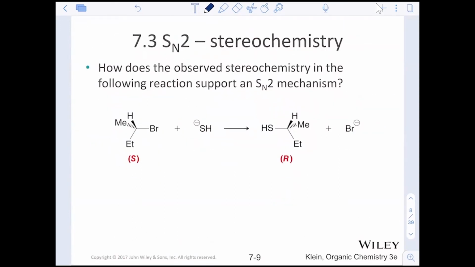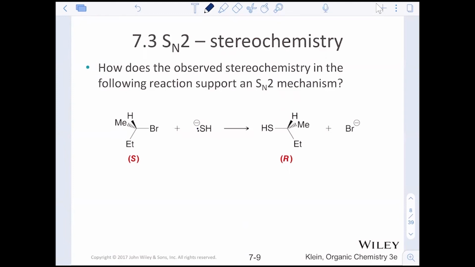Now, if the electrophile has a specific observed stereochemistry, R or S, the SN2 reaction being concerted is supported by our observations here.